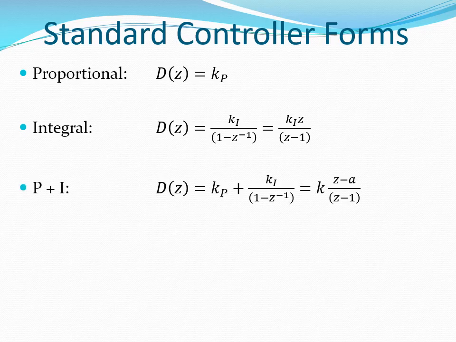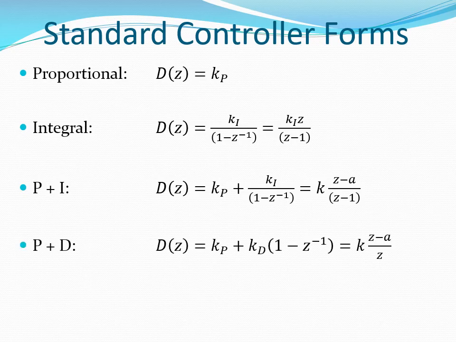PI controller, D(z) equals K (z minus a) over (z minus 1). Therefore, the controller introduces a pole at 1 and a zero at the point a. We can select a value for a. Therefore, we can select the position at which the zero is going to be located.